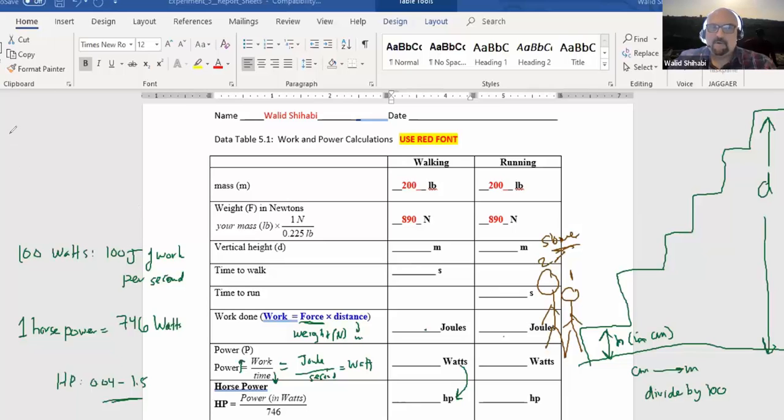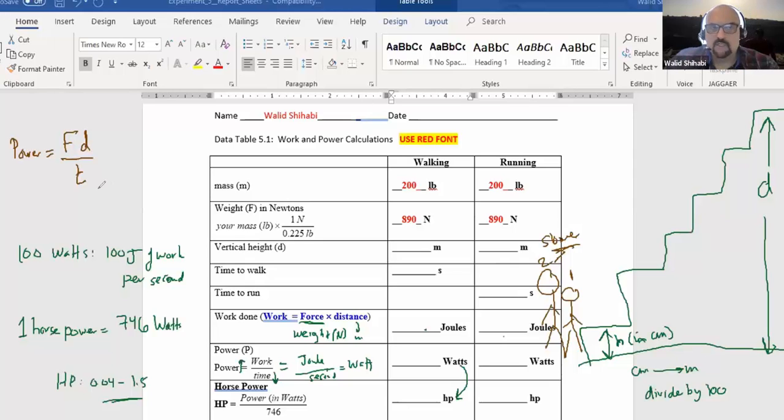Think about it. The power is equal to work over time, and work is the force times the distance. So time is not the only factor. Time is one factor, but it's not the only factor.